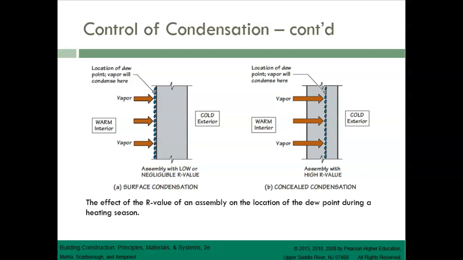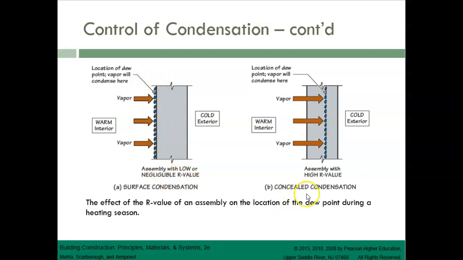Consider the effect of R value of an assembly on the location of the dew point during a heating season. So if I have a warm interior and a cold exterior and a low R value, or maybe no R value at all, I'm going to end up with surface condensation.